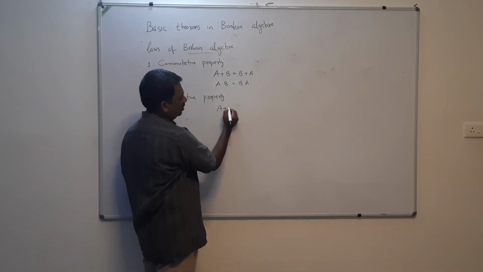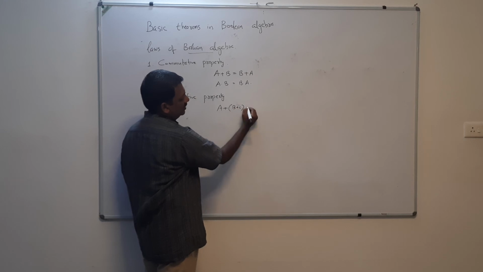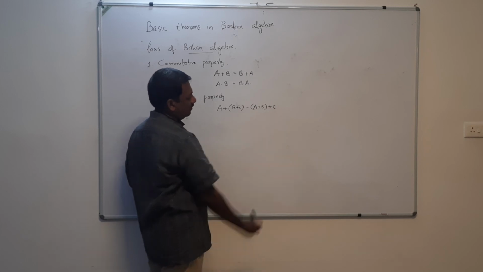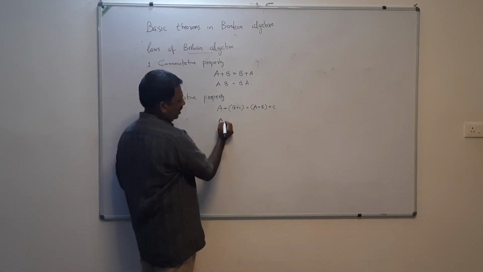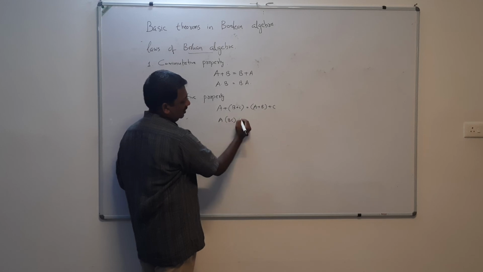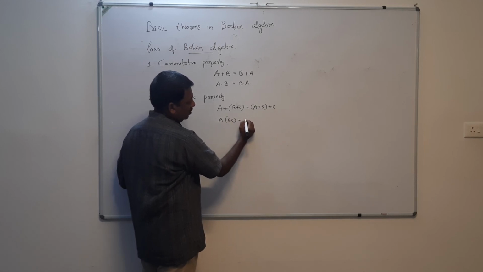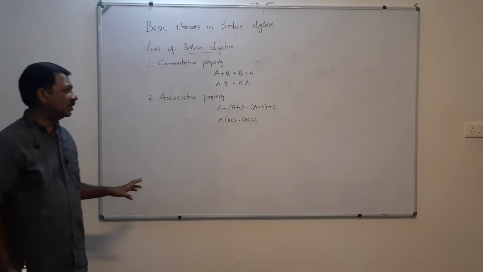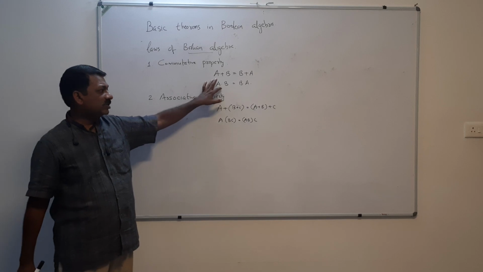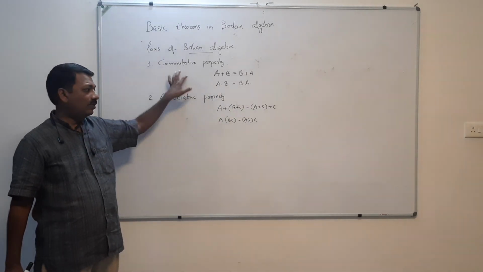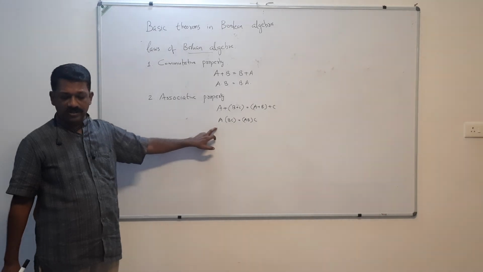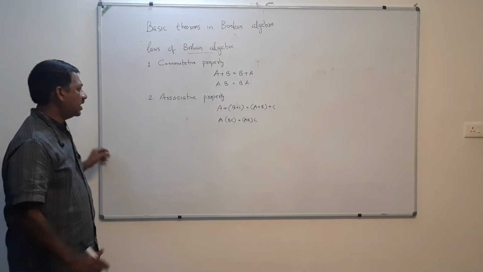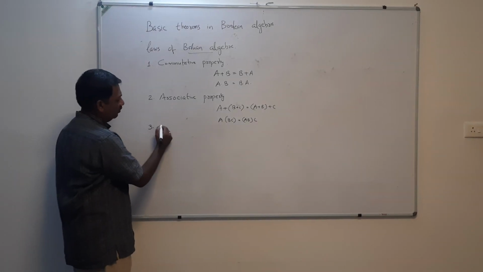A or B or C is equal to A or B or C, and A and BC is equal to AB and C. These two are satisfied. That means OR operation and AND operation are commutative, and OR operation and AND operation are associative.